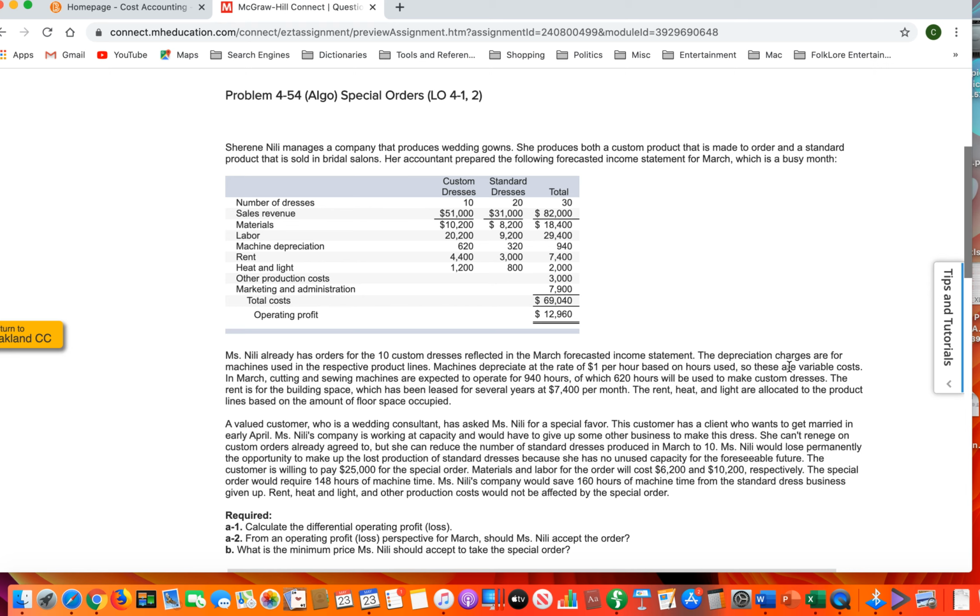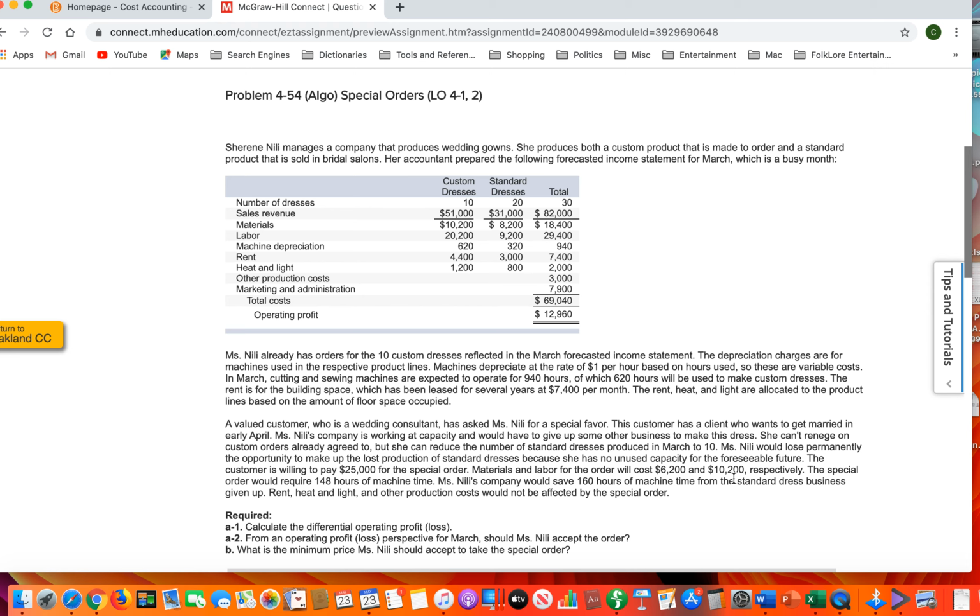A special order comes in and says, look, I got a special order here, and these are the circumstances. It's all here, okay? And I look at it this way: what would she give up by taking this order?